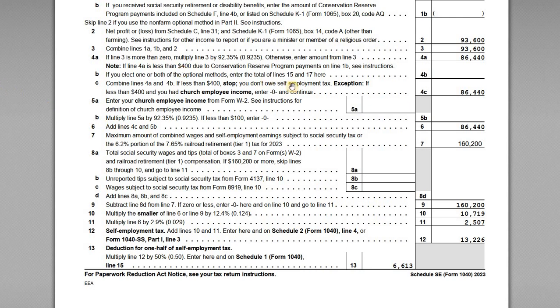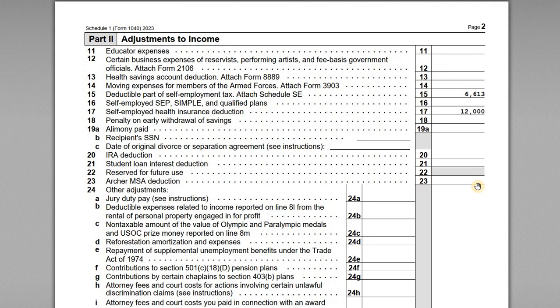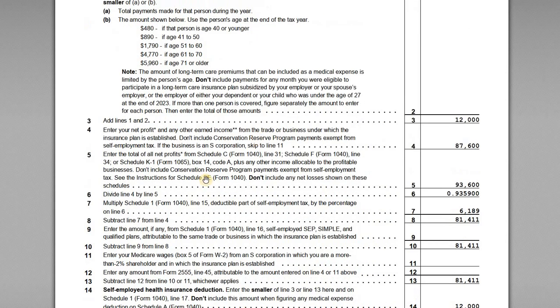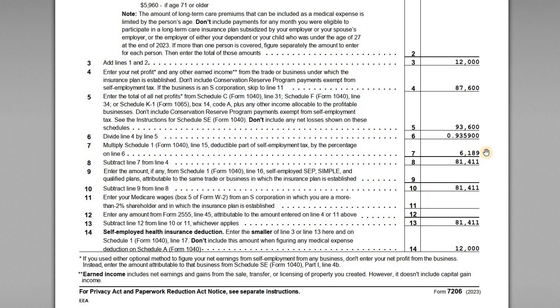So that figure is reported as the deductible portion of the self-employment tax on line 15. So we have $6,613, and we need to now multiply that amount by the ratio here on line 6. So we multiply this by 93.59%, and we're left with $6,189.